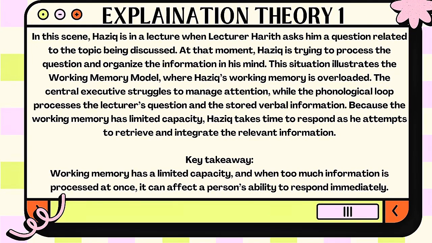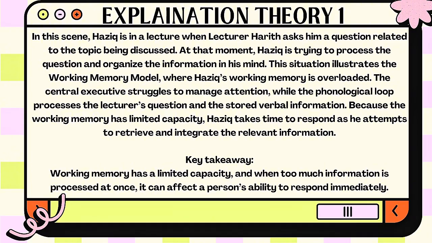So in this scene, Haziq is in a lecture when lecturer Harith asks him a question related to the topic being discussed. At that moment, Haziq is trying to process the question and organize the information in his mind. This situation illustrates the working memory model, where Haziq's working memory is overloaded. The central executive struggles to manage attention, while the phonological loop processes the lecturer's question and the stored verbal information.